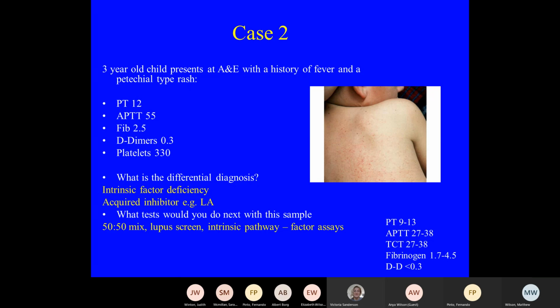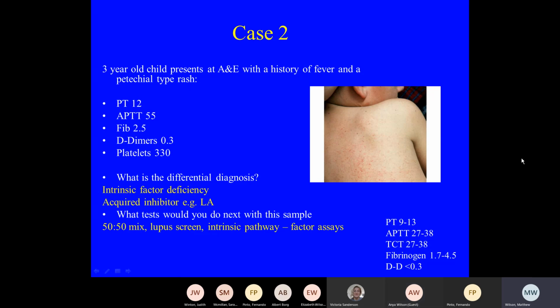50-50 mix, what is that? Would that be adding donor plasma to the blood sample you want to test to see if it corrects? That would suggest that it's a factor deficiency. Exactly. And if it doesn't correct, it would suggest that it's an inhibitor. Exactly.